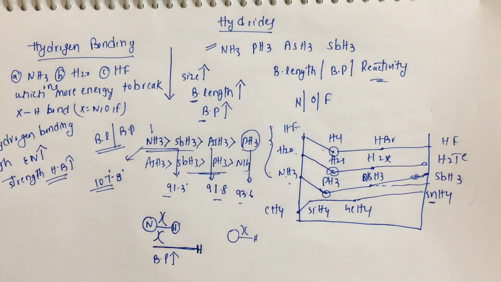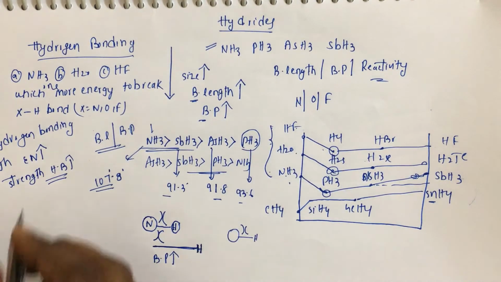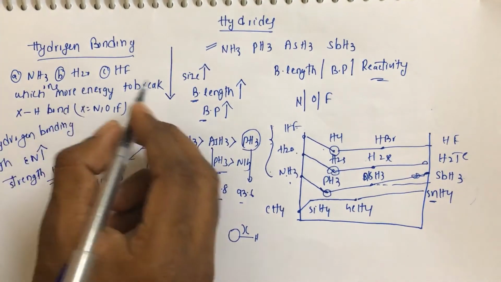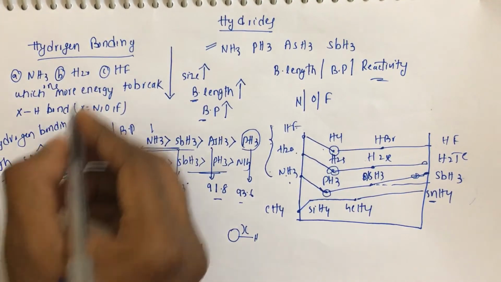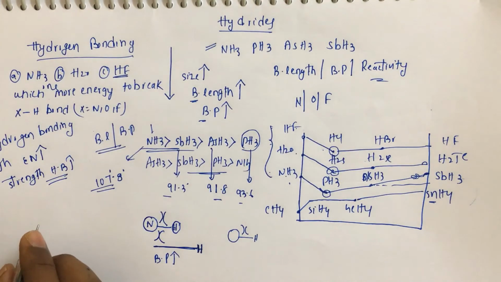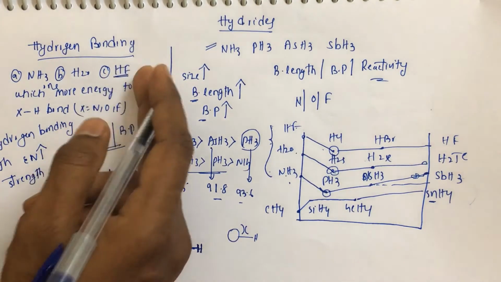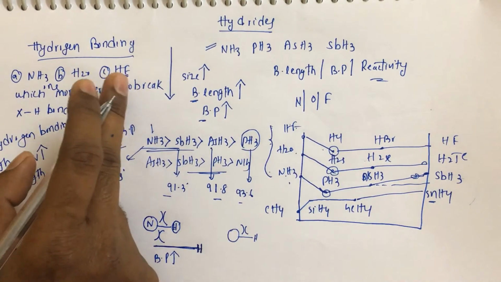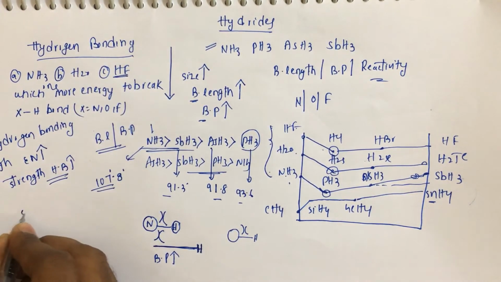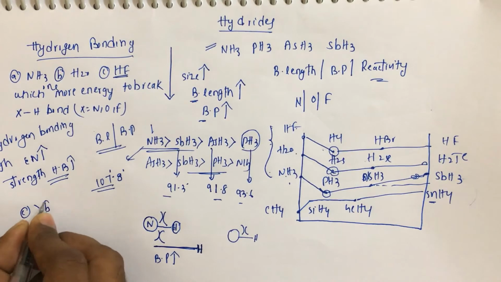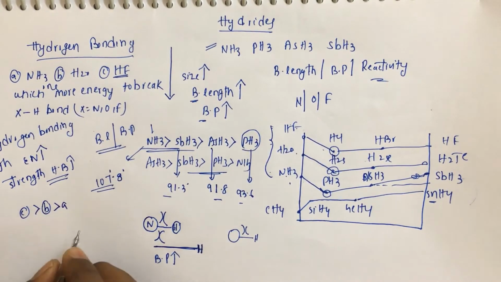So with respect to hydrogen bonding, in the case of HF there is strong hydrogen bonding and it requires more energy to break. So the order will be C, B, A. So this will be the order.